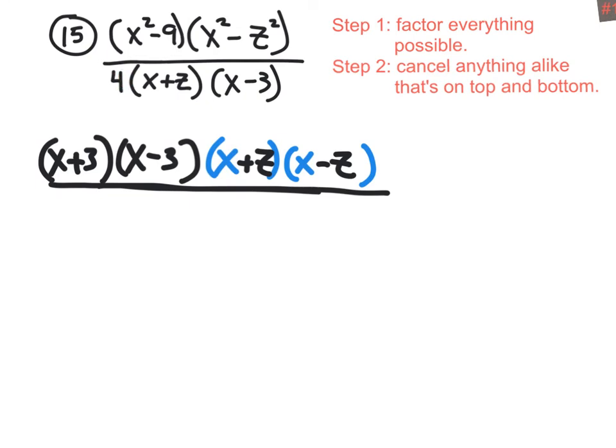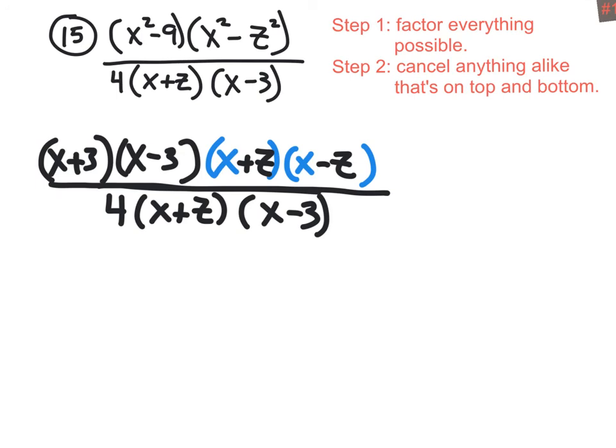There's a 4, there's an x plus z, and an x minus 3. So let me just rewrite it on the bottom. There it is. Now that we have factored everything possible, we have a bunch of multiplication, something times something times something times something over something times something times something. Now we can cancel out anything that's alike on top and bottom.